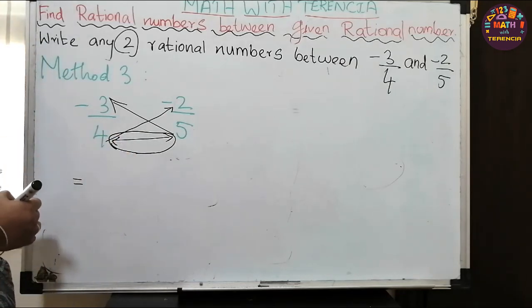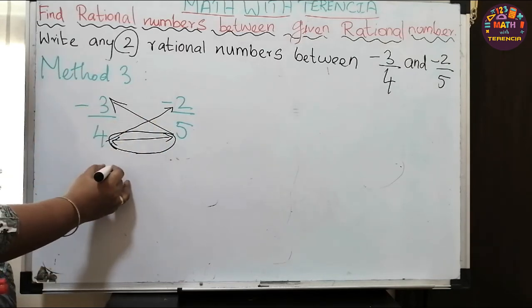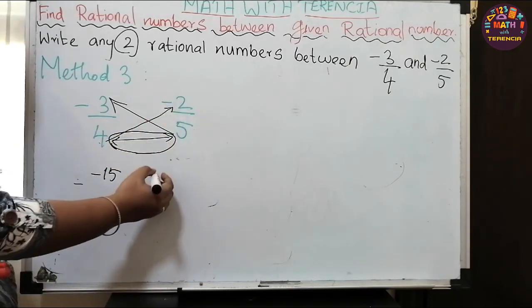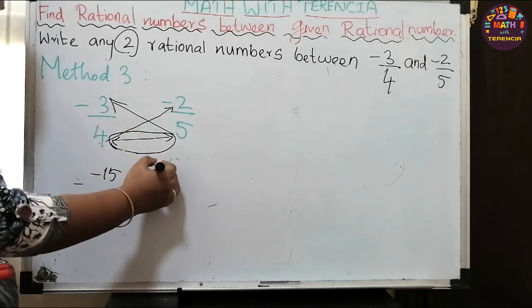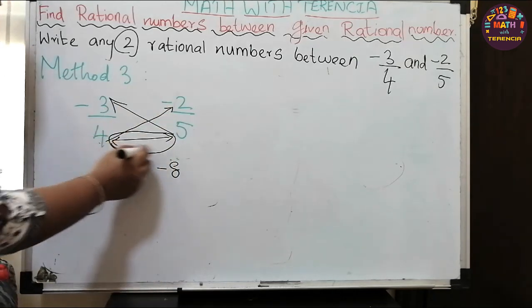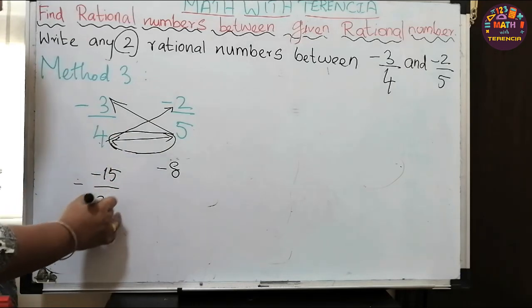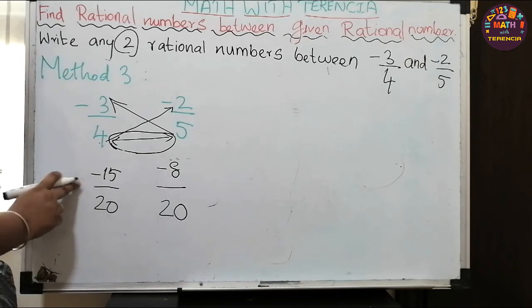So when I multiply, what will I get? Minus 3 times 5 is minus 15. Minus 2 times 4 is minus 8. And if we multiply both the denominators, I will get 20. So for each one, now you can write as many numbers as you want.